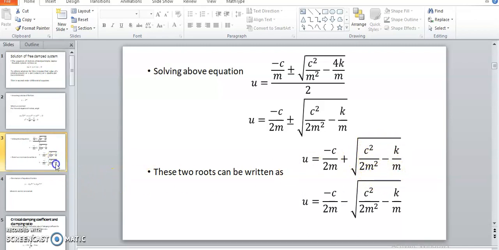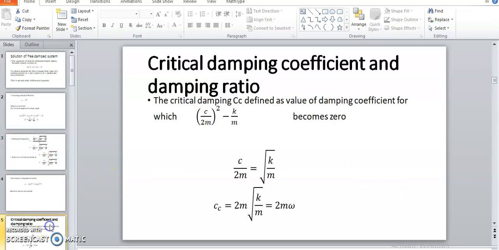Now if we consider this term and put (c by 2m) squared minus k by m equal to 0, then we can write c by 2m is equal to square root of k by m. Now we introduce one more term, the critical damping coefficient.